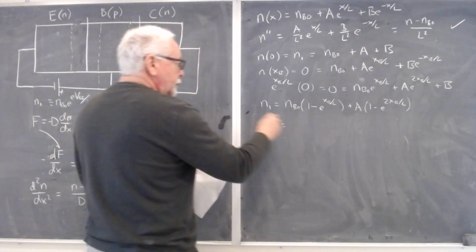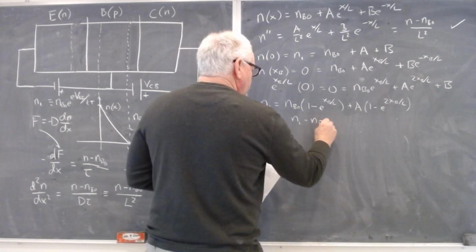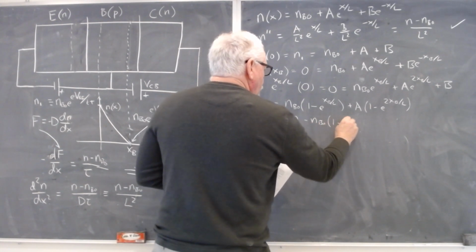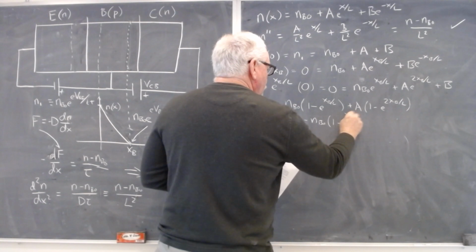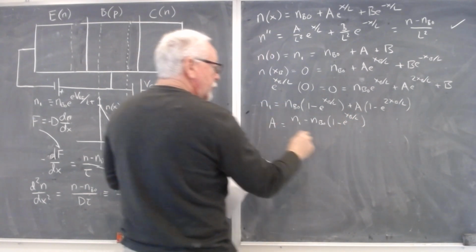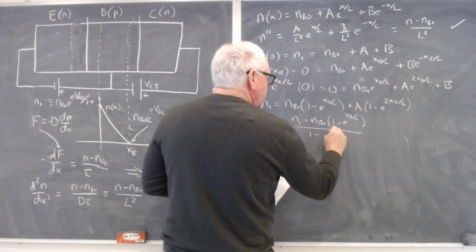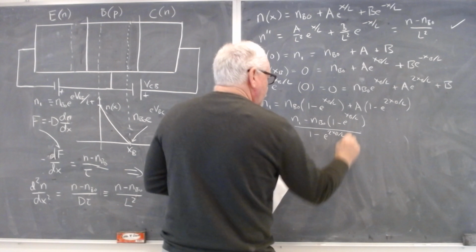A is equal to n1 minus nb0, moving that over there and dividing by 1 minus e to the 2xb over L.